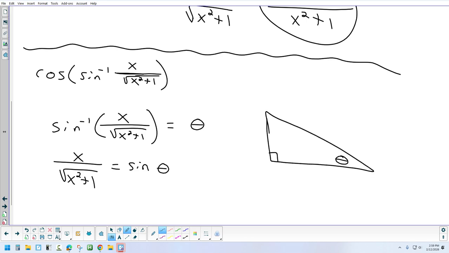What's the definition of sine? Opposite over hypotenuse. So we need to make the opposite x. We need to make the hypotenuse square root of x squared plus 1. Now, how do you get the third side?